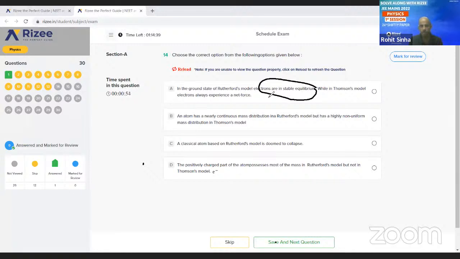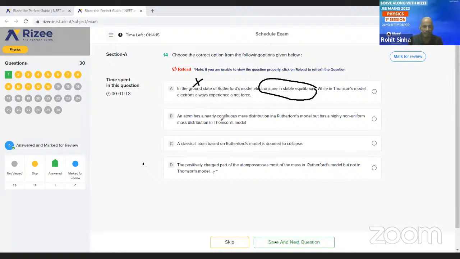This is the wrong statement. Second statement: an atom has nearly uniform mass distribution in the Rutherford model, but a highly non-uniform one in the Thomson model.